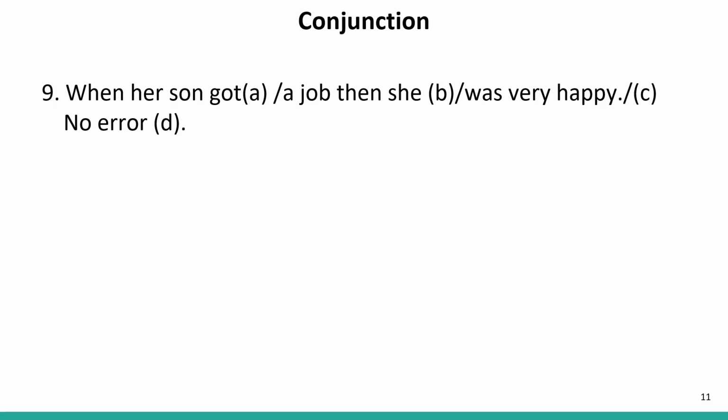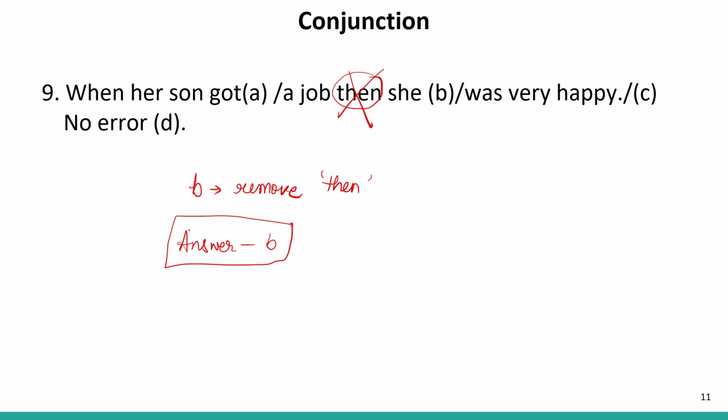But this is not a pair. Therefore, remove then from this part B. So our answer will be B. The correct sentence will be, when her son got a job, she was very happy.